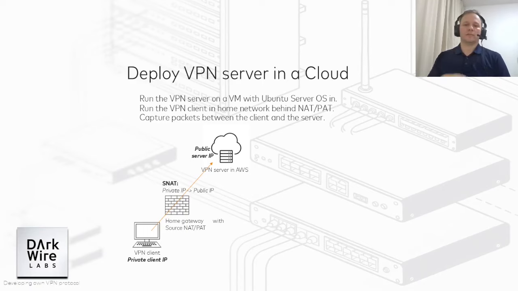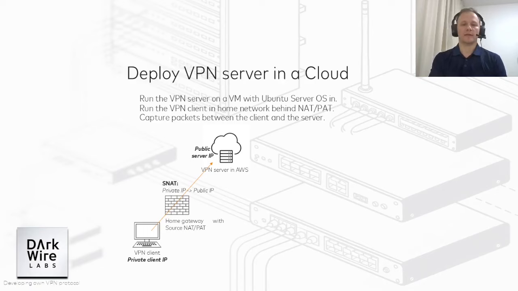So let's just summarize the plan. First we need to run the server in AWS, then we need to run the client again in the same container on my home computer.